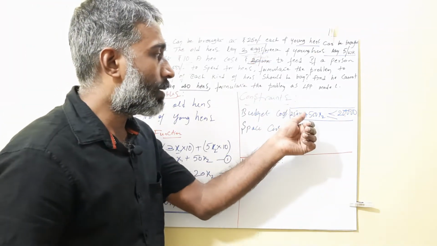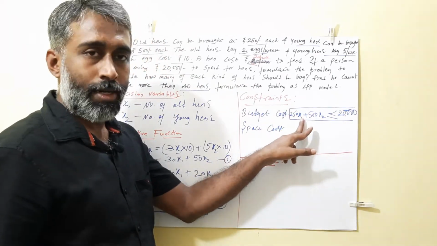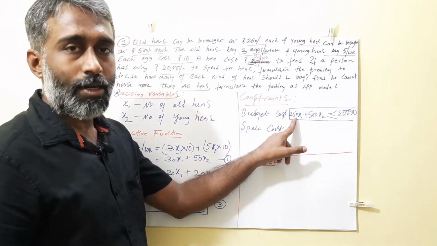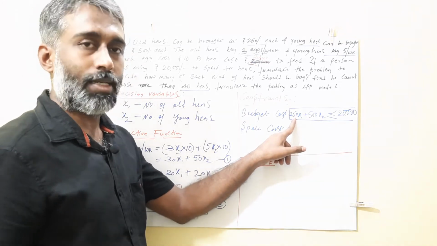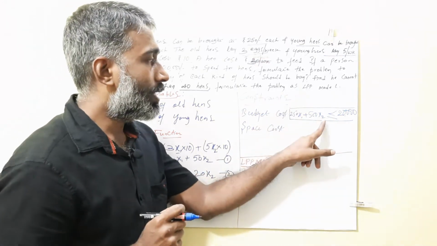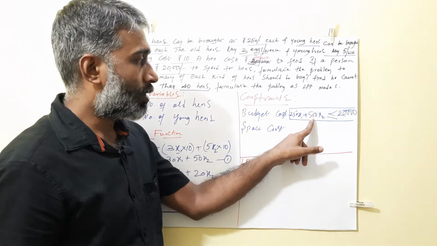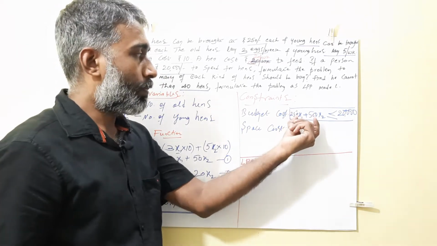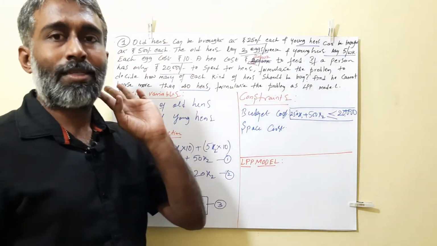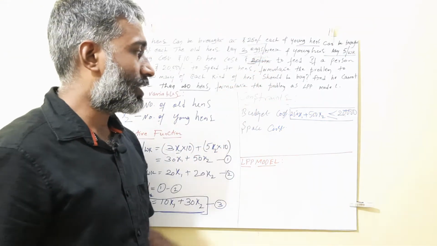The physical meaning is the number of old hens multiplied by the cost of each one, 250 rupees, and similarly the number of young hens multiplied by 500 rupees. Put together, the cost should not exceed 20,000. So that is the first restriction.